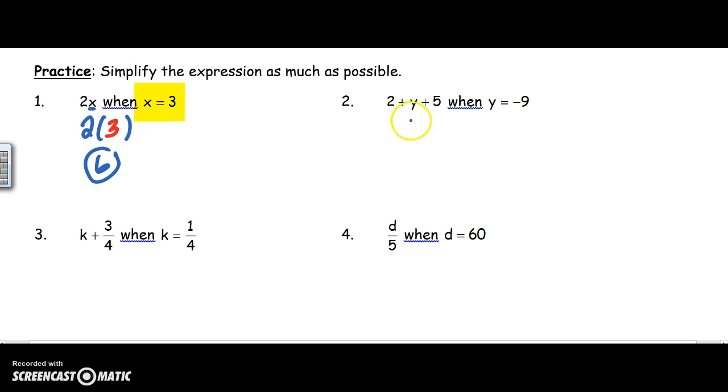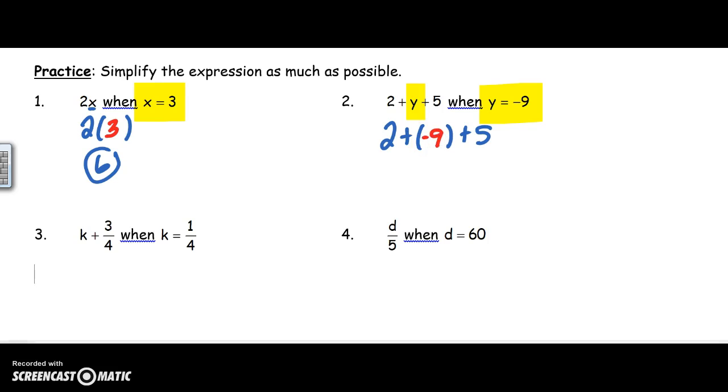Take a look at number 2. You have 2 plus y plus 5 when y is -9. So we've recognized that wherever we have a y, we're going to put parentheses, and we did that while we read the problem. We're now going to take that -9 and substitute it into the parentheses.